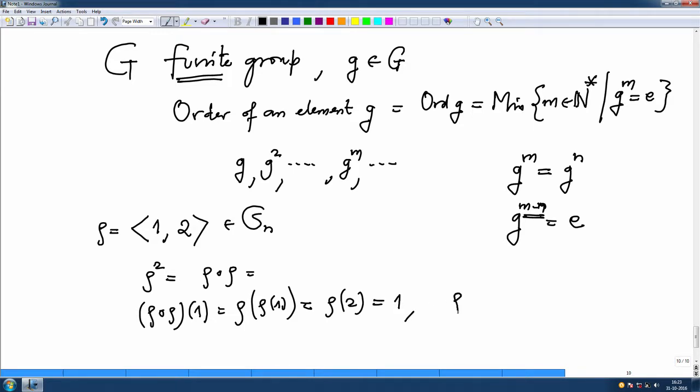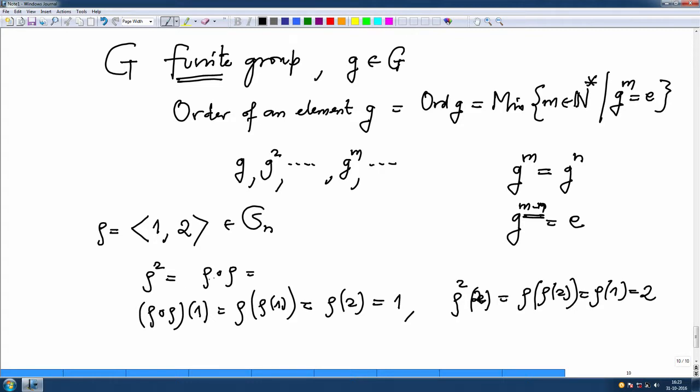Similarly, rho squared of 2 is by definition rho of rho 2, which is rho of 1, because 2 goes to 1, and rho of 1 is 2. So rho squared of 2 is also 2. That means on 1 it is identity, on 2 it is also the same thing.